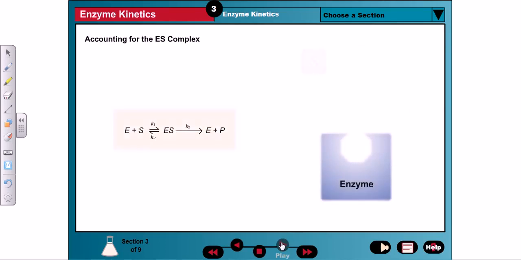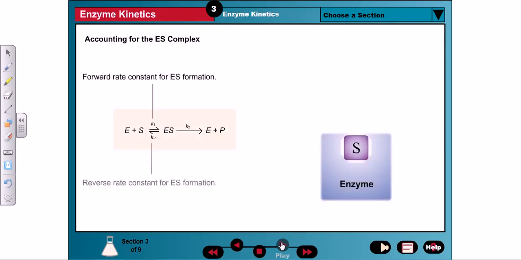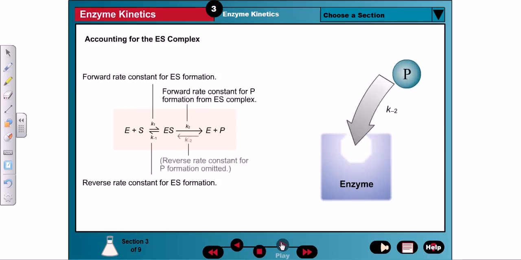The rate constants K1 and K-1 are the forward and reverse rate constants for the formation of the ES complex, and K2 is the rate at which the ES complex converts the bound substrate into product. Notice that in order to simplify this model, we assume that the product formation step is irreversible, that is, there is no K-2.